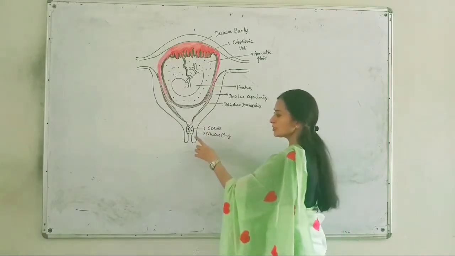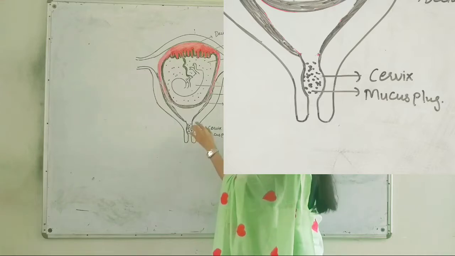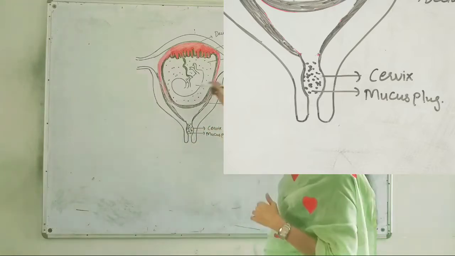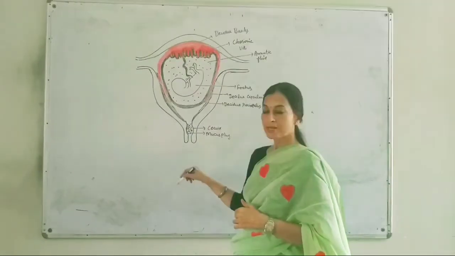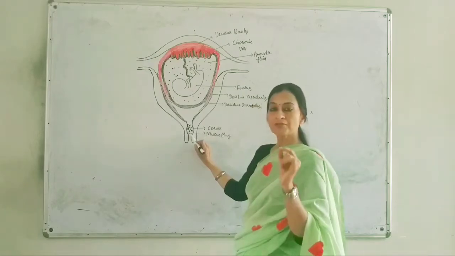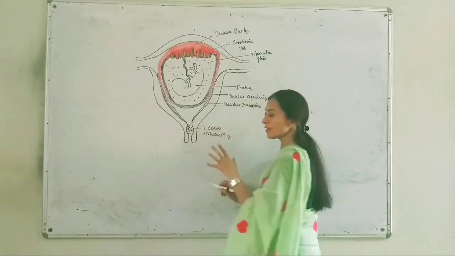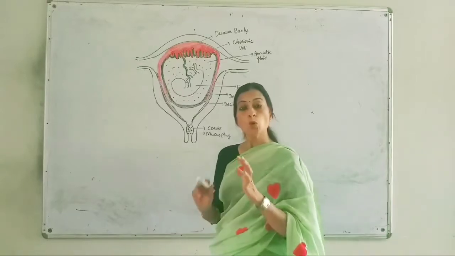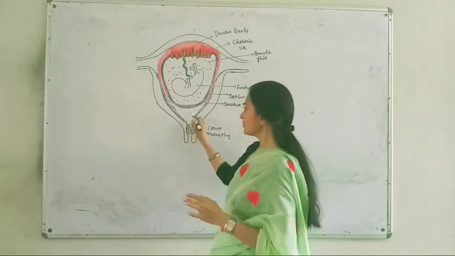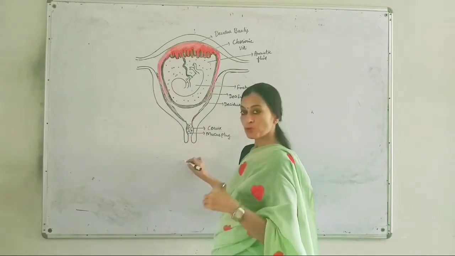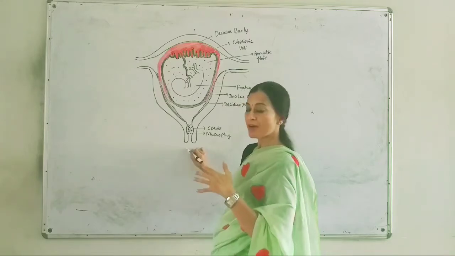You can also see the cervix, which has an opening in the uterus and one opening in the vagina, and it is filled with a mucus plug. Why is it filled with a mucus plug? Because it avoids any disturbances in the uterine cavity from the external environment.